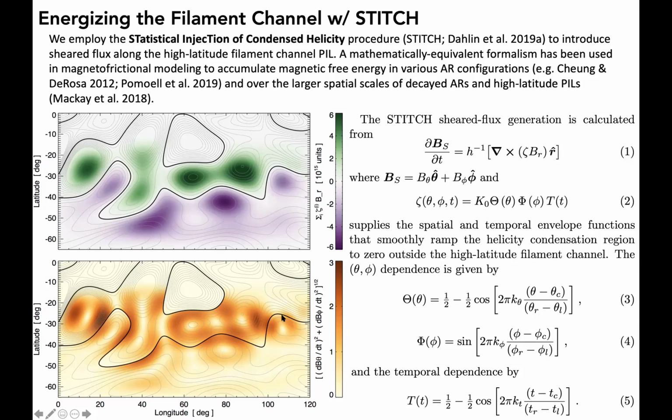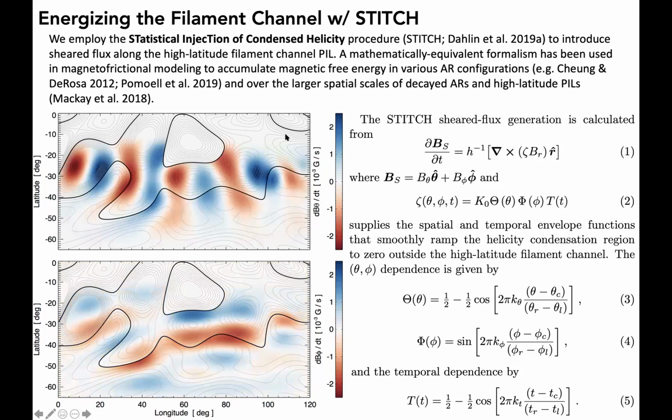And so what happens when we add up all these spatial functions to smoothly concentrate our boundary energy on this particular region is you get these time dependent field changes that are introduced as a source term in the induction equation.